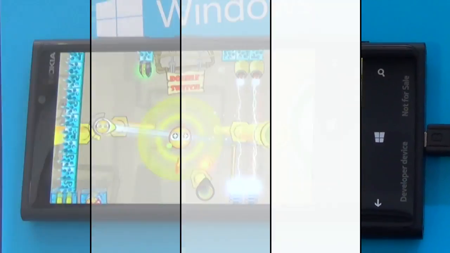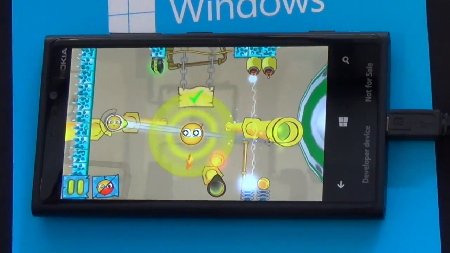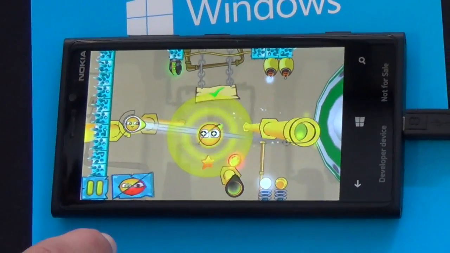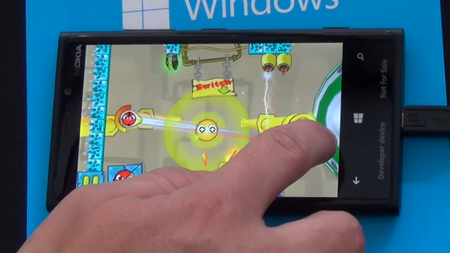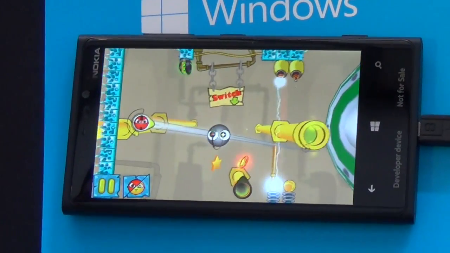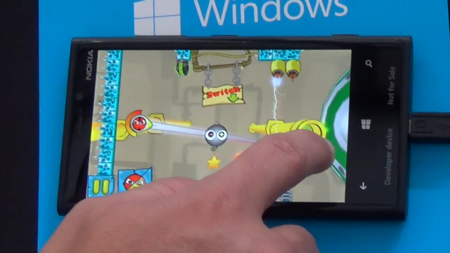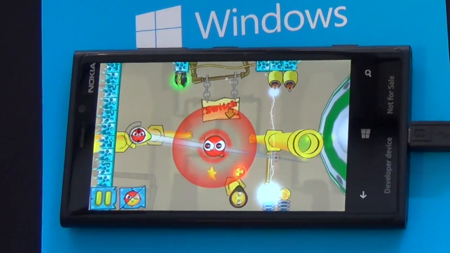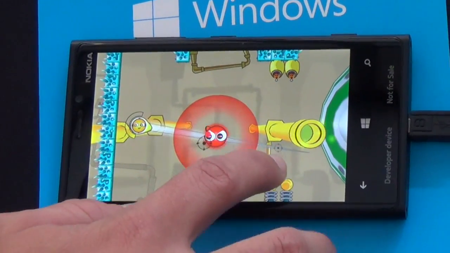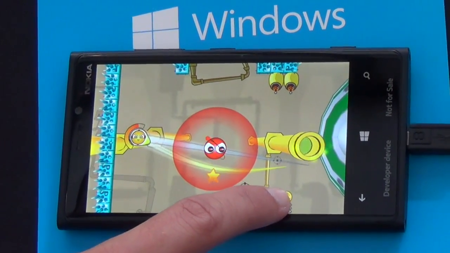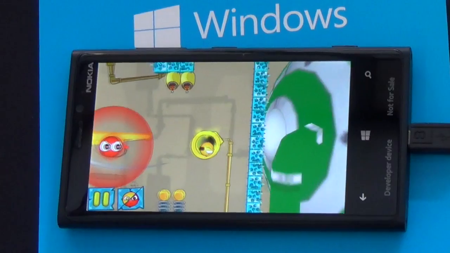How is the game monetized? We have advertisements right now, which you can disable with in-app purchases. We also have level packs that you can buy, and right now we have a deal going on where if you pay just over $1, I think it's like $1.29, you can basically get both.